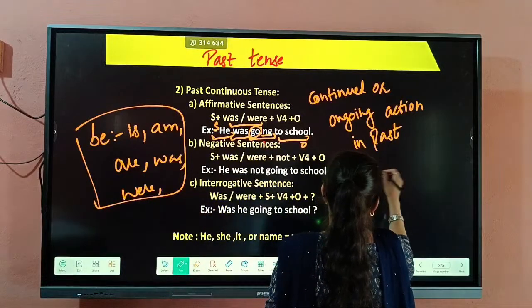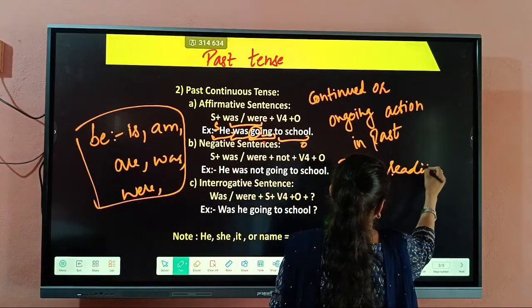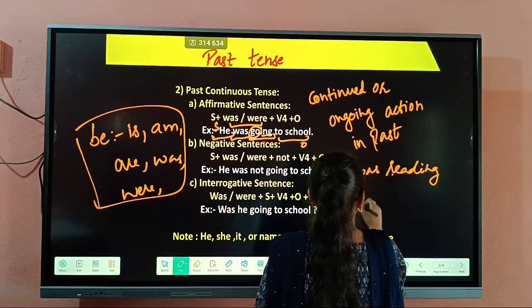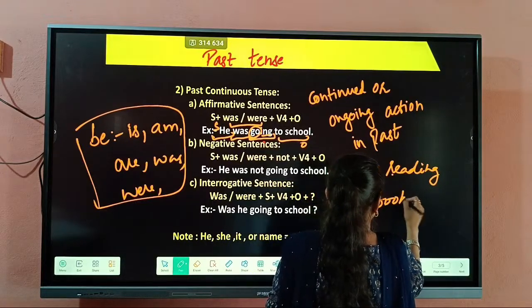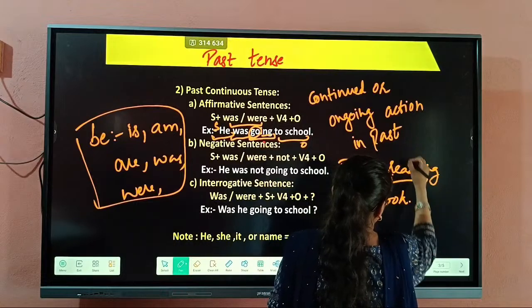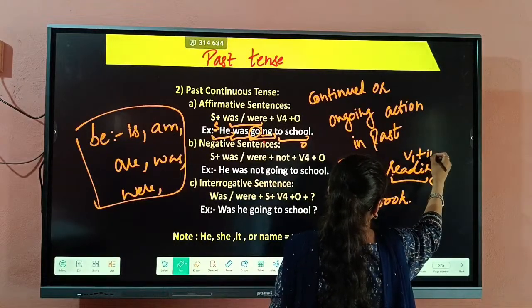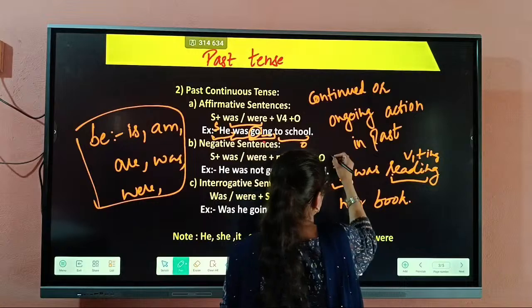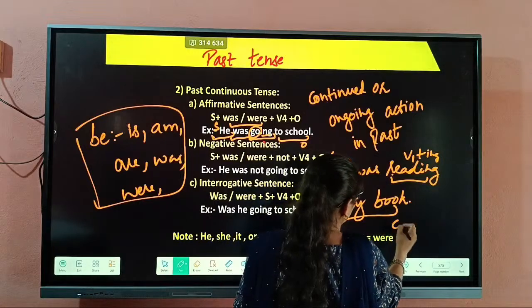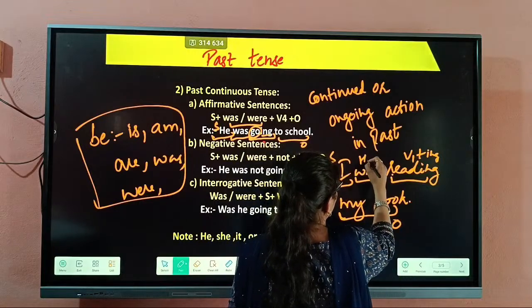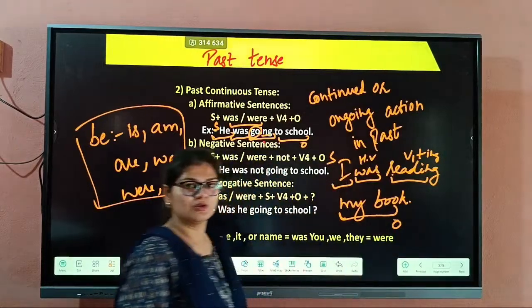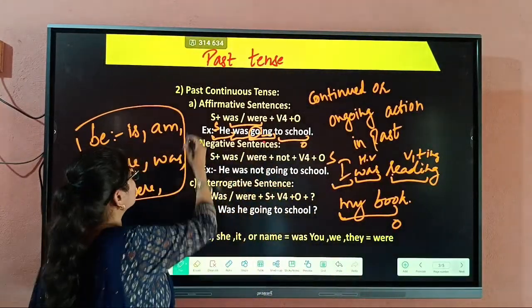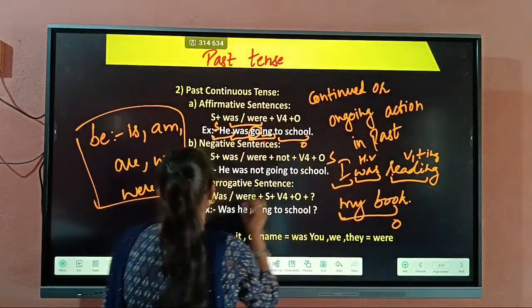I was reading my book. What is it? Verb's first form plus ing. This is the subject, this is the object, and this is the helping verb, HV. Clear, students? This is another example of the affirmative sentence.